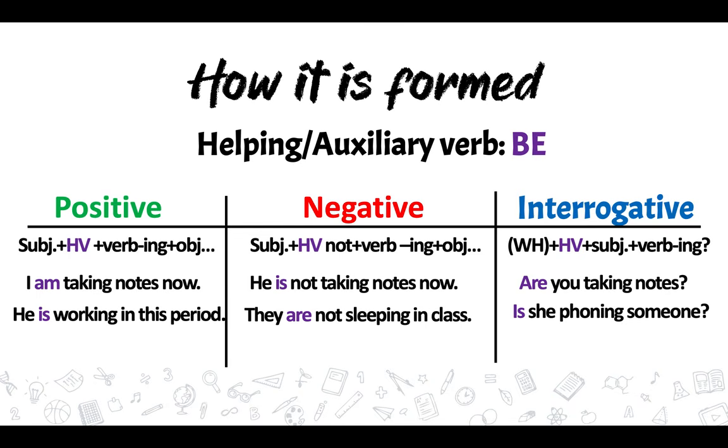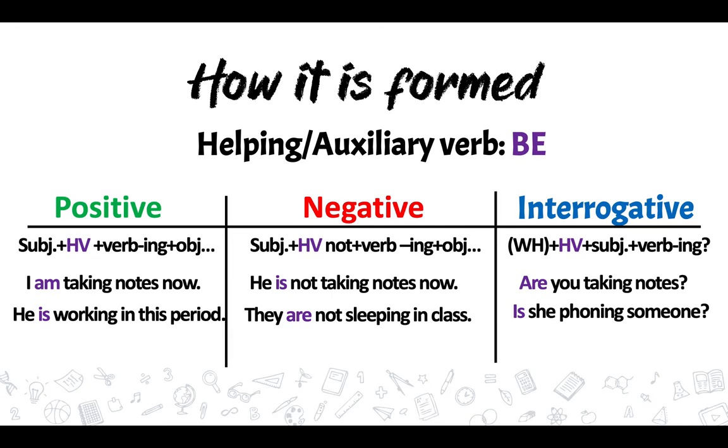Then the last one is a question, interrogative sentence. So we have the WH question word, if you have that, those are where, who, how long, why, etc. Then you have the helping verb because this is a question. So the auxiliary or helping verb goes first.